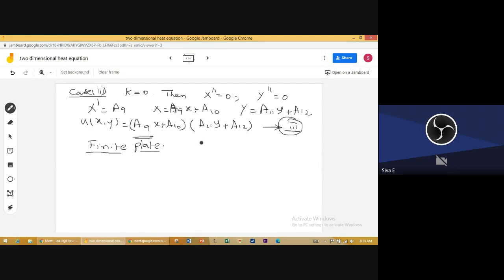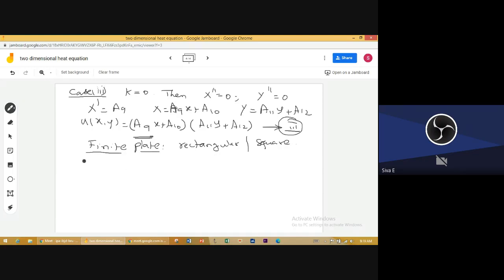Okay, finite plate. There are two types of finite plate. One is the rectangular plate, and one more is the square plate. Now, how to write the boundary conditions?